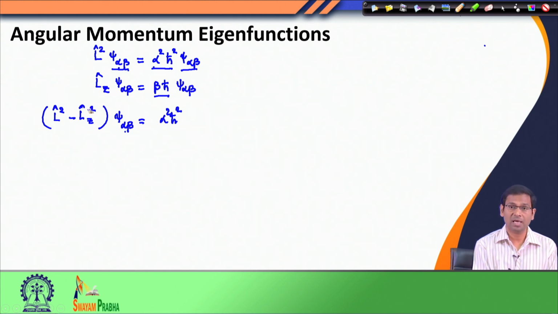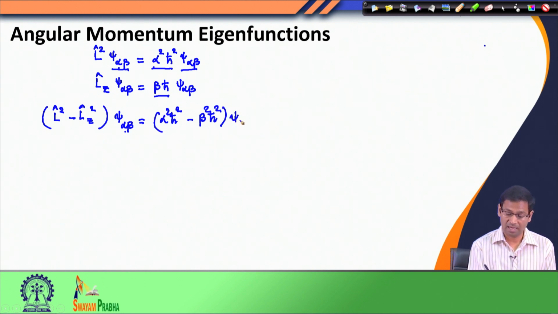So, when I apply Lz twice on psi alpha beta, I get beta square h bar square psi alpha beta. So, psi alpha beta is also an eigenfunction of the L square minus Lz square operator. And what is the eigenvalue? The eigenvalue is alpha square h bar square minus beta square h bar square.